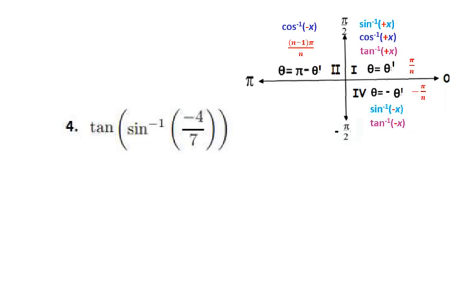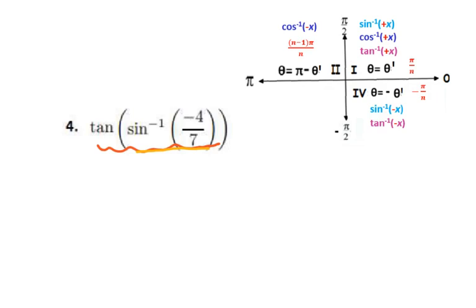Now let's evaluate a composite inverse function like this one. If it's not a special angle, then what do we have to do? First step, you will find the quadrant according to inverse sine of negative 4 over 7.